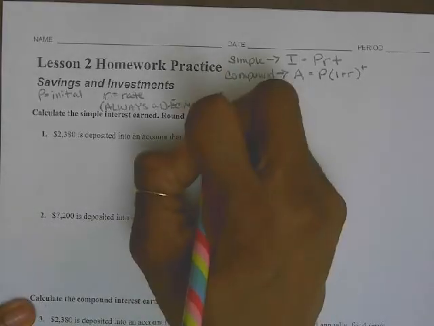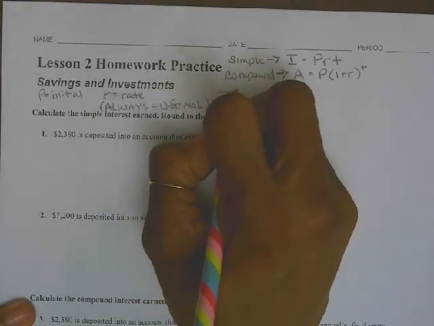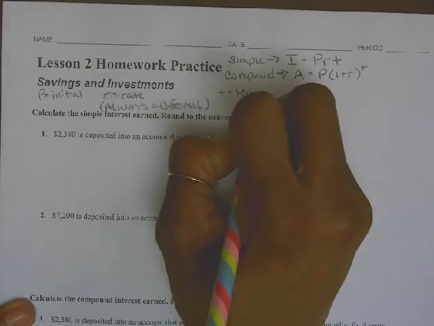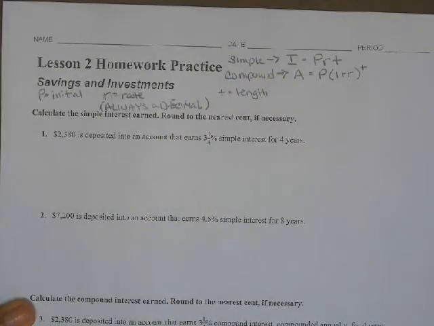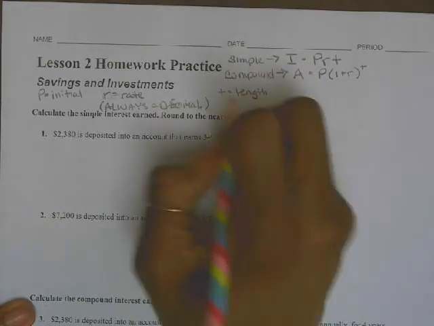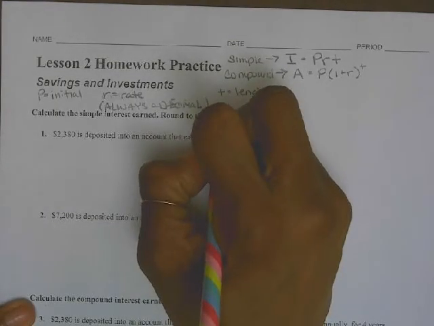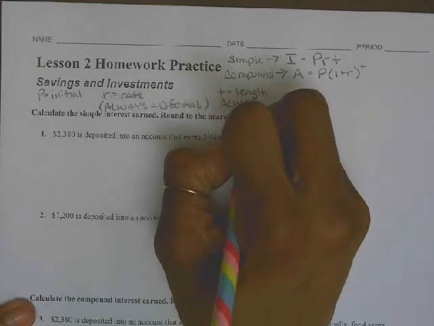And then you have your T, which is the length or time of your investment. So this should be always in years.